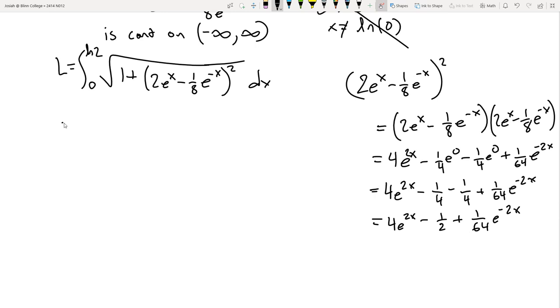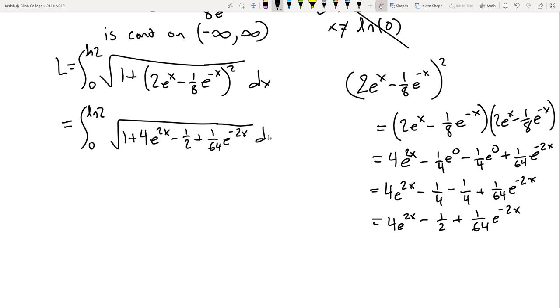And so there's not really anywhere else we can go from here. So we'll go ahead and plug that back in. So we got 1 plus, and we can already drop those parentheses. 1/4 e to the 2x minus 1/2 plus 1/64 e to the negative 2x. So we do have some like terms. We have the 1 and the minus 1/2.